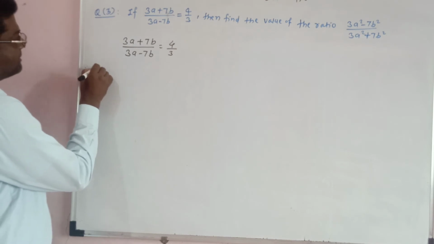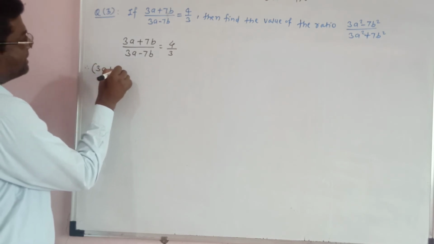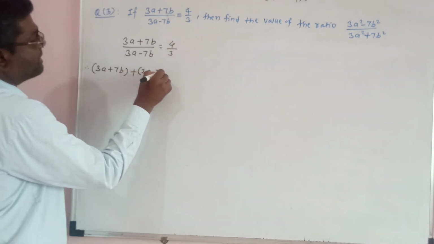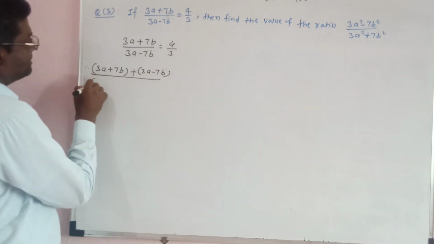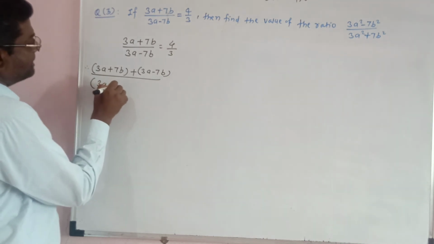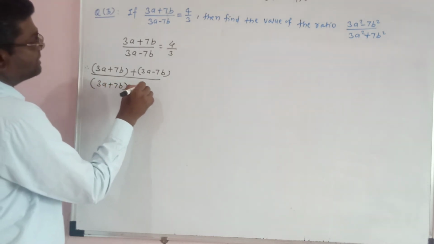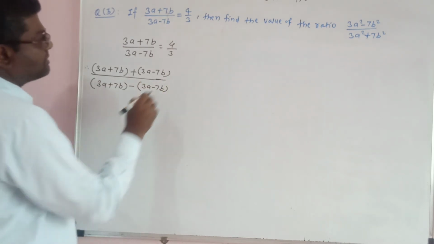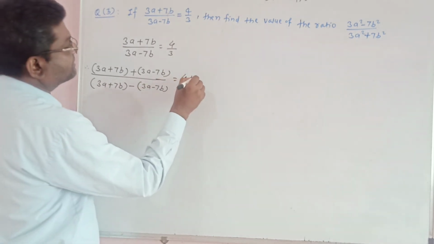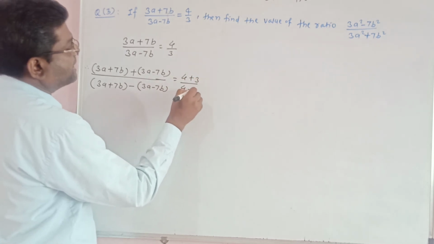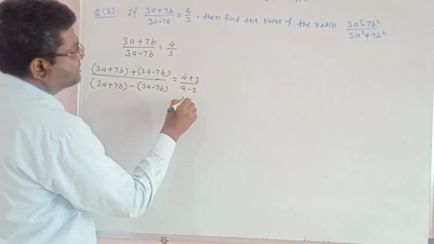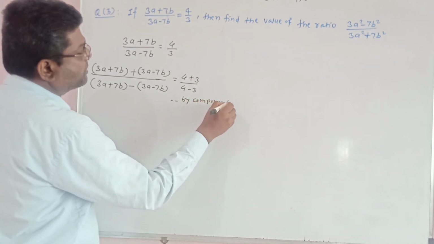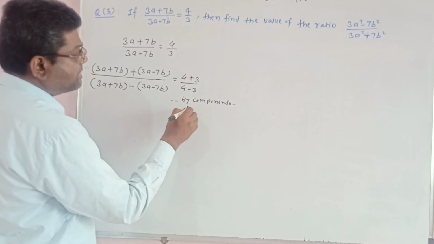Therefore, we write 3a plus 7b plus 3a minus 7b upon 3a plus 7b minus 3a minus 7b is equal to 4 plus 3 upon 4 minus 3, and reason is by componendo dividendo.